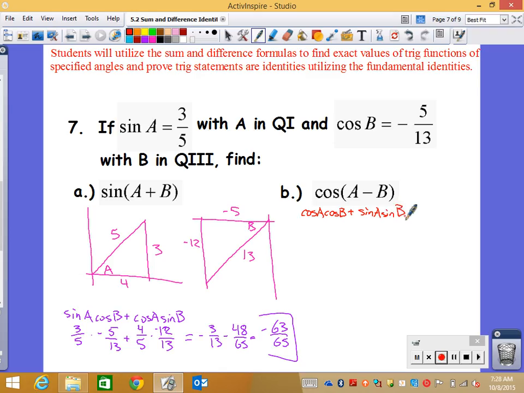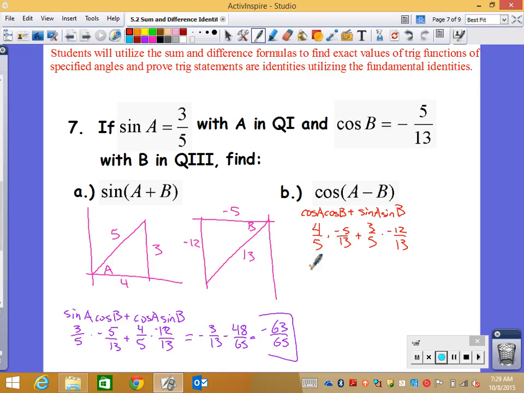Now I'm just going to use my triangles to figure out each term. Cosine of A, 4/5. Cosine of B, negative 5 over 13. We have a plus. What's the sine of A? That's just 3/5. Sine of B, negative 12 over 13.